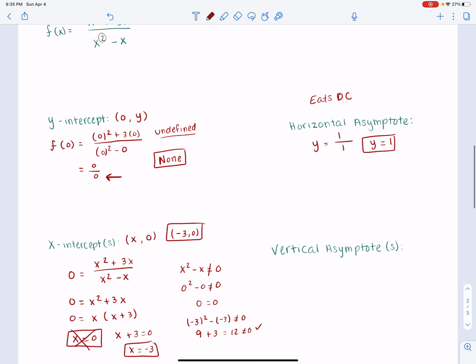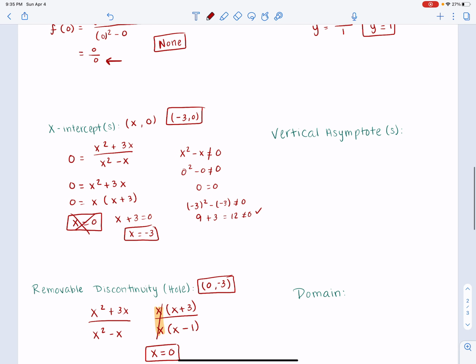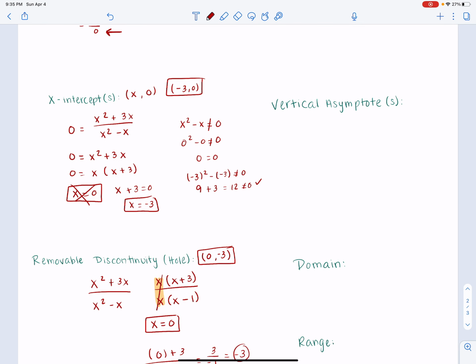For the vertical asymptote, I need to know what makes the denominator 0. If we look at how we already factored it, we had x plus 3 over x minus 1, and we found out that the x's are a removable discontinuity, so forget that. So that means that x minus 1 is my vertical asymptote. So I have a vertical asymptote where x equals 1.